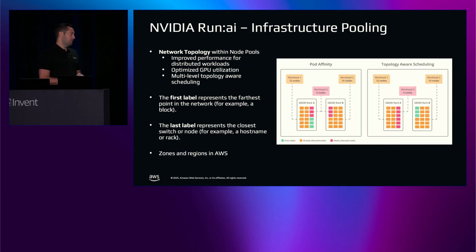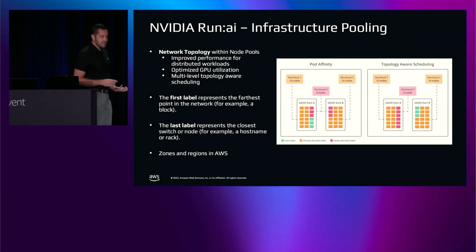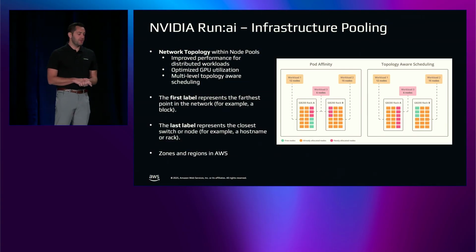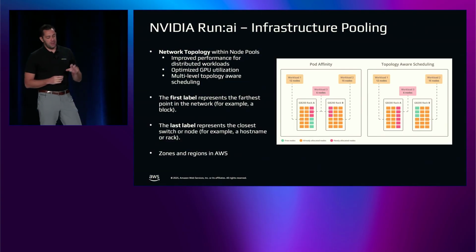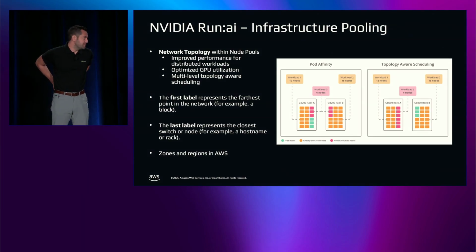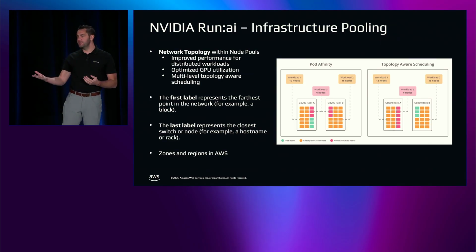What does this look like in a GB200, a GB300 system as you bring some of these online? Let's look at the screenshot on the right here. The left part of the screenshot is traditional Kubernetes pod affinity scheduling, right? You say in your pod spec and your YAML spec, I need a GB200, I need multiple GB200s or a GB300.